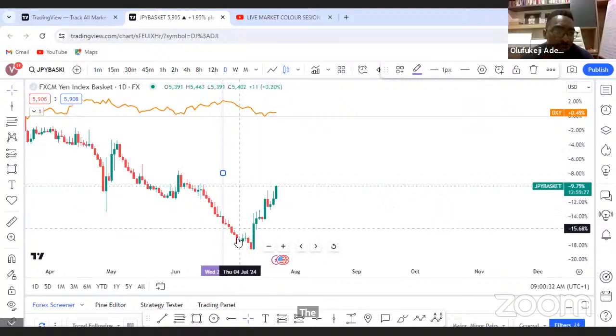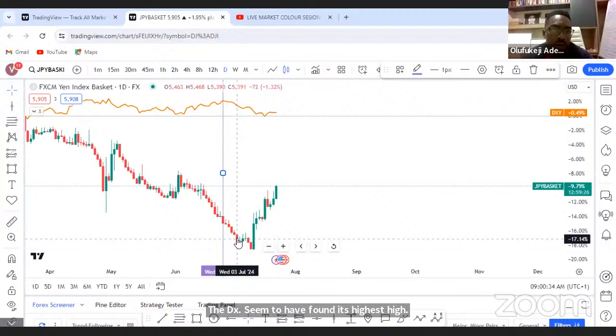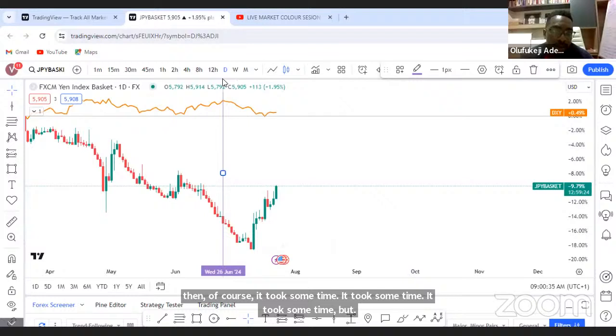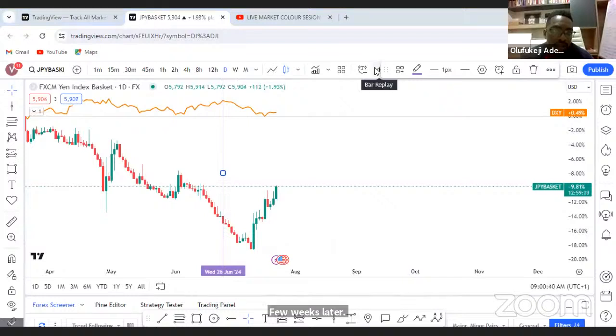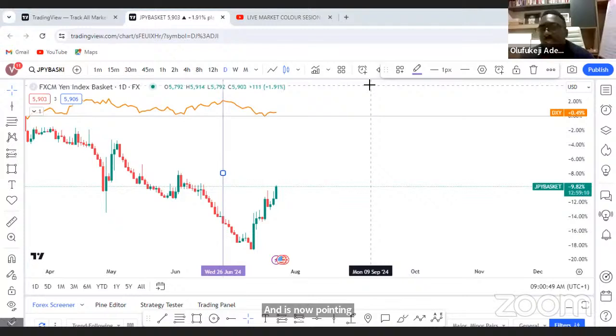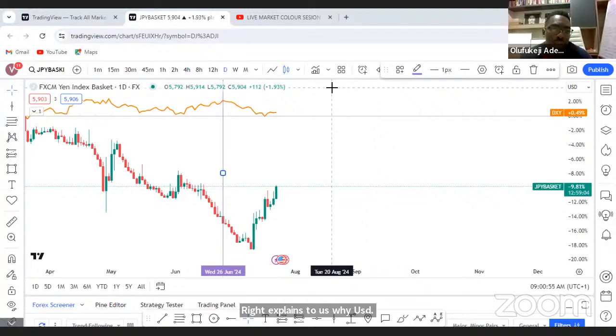And then, of course, it took some time, but a few weeks later, the yen basket too seemed to have found some sort of support and is now pointing upward. So just comparing this explains to us why USD JPY is in some sort of free fall.